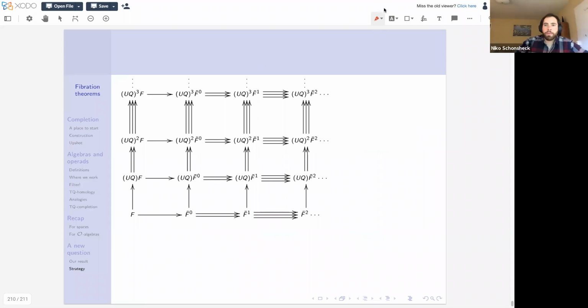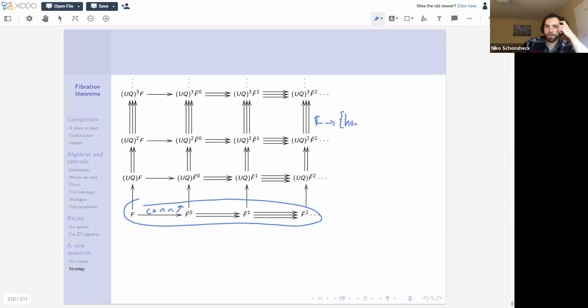You're absolutely right about the horizontal ones. What you can actually show, based on Ching-Harper's result, is that you have increasing connectivity as you go up that holim tower here. In other words, the holim over Delta less than or equal to n of F tilde is increasing in connectivity.